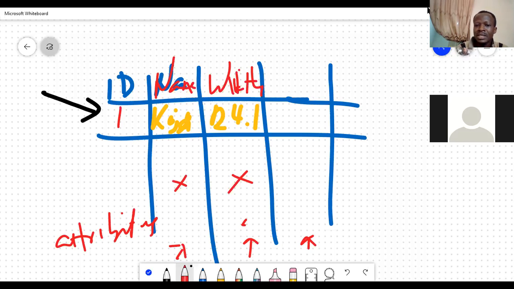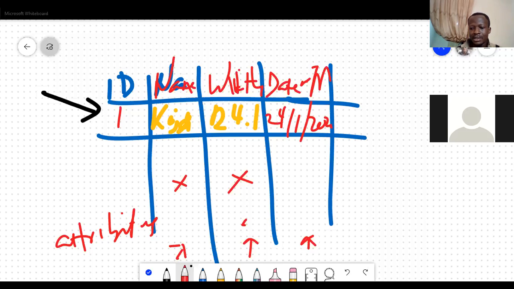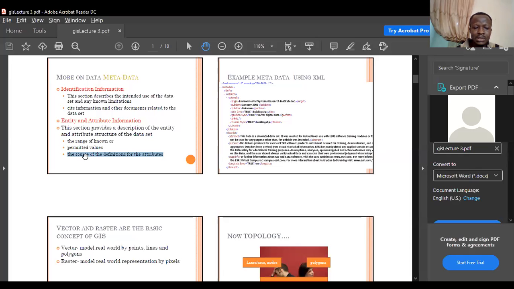This column contains names. Then we can say date of maintenance. So we can keep date here. Are you okay? 24/1/2020. Are you okay? So this is the kind of thing that we are talking about over there, even though you don't see a table like that in there. That is what we're talking about.